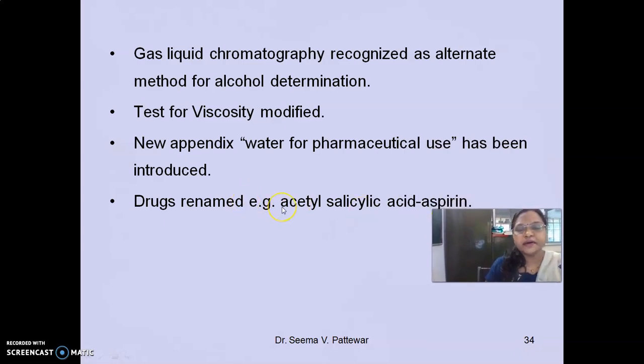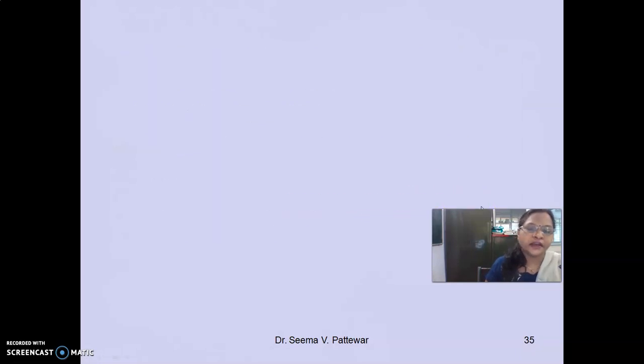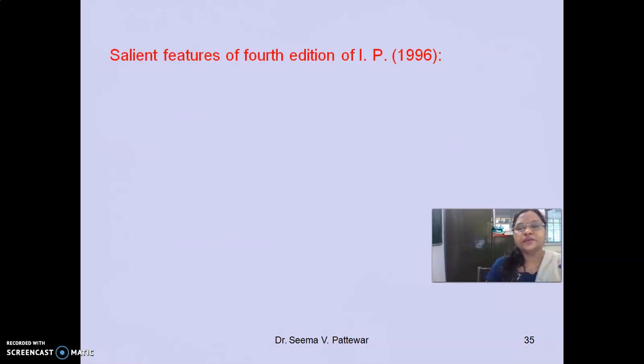Drugs were renamed, such as acetyl salicylic acid to aspirin, meaning thereafter acetyl salicylic acid is called aspirin. Many drugs were omitted and new drugs added. So this is up to the salient features of the third edition of the IP.